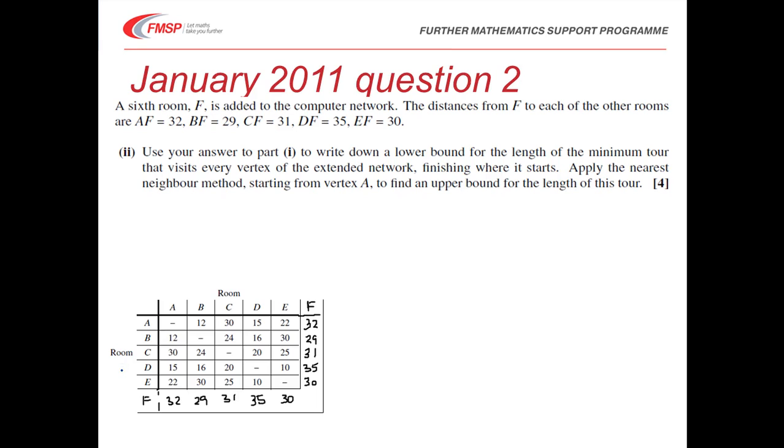So it then says, use your answer to part 1 to write down a lower bound for the length of the minimum tour that visits every vertex of the extended network, finishing where it starts. Now, for the lower bound, we need a minimum spanning tree.